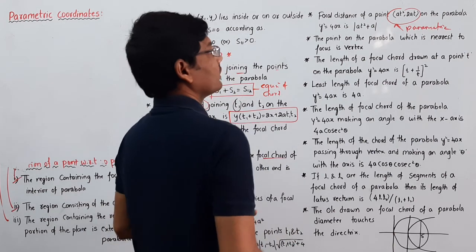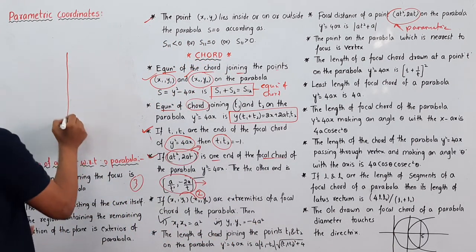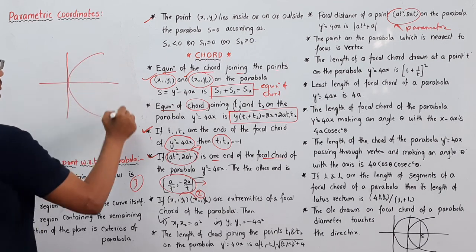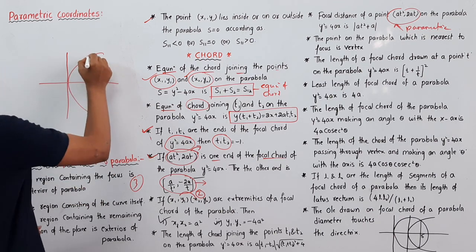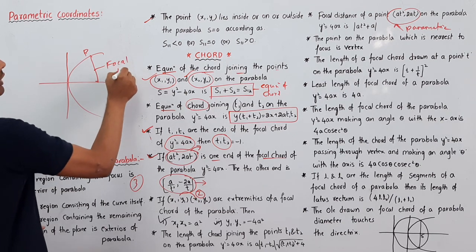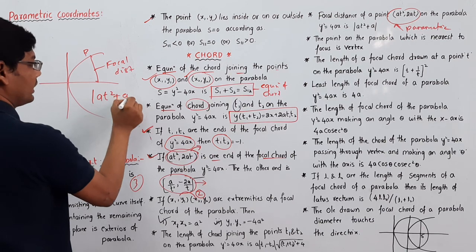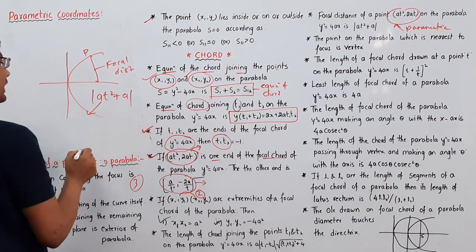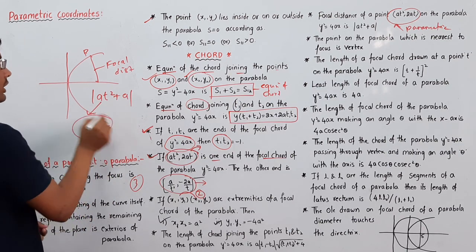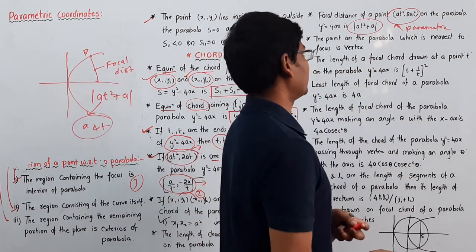The focal distance to a point is called the focal distance. If you want to find the focal distance, then the condition is modulus of a t square plus a. If you substitute the a and t values, you will get the focal distance. This is the expression to find the focal distance.